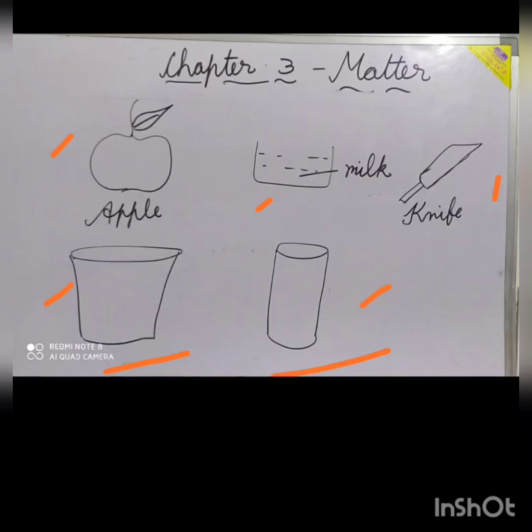We observe that the shape of the apple, which is a solid, does not change in the different containers. Then we place milk in the two differently shaped containers. The milk, which is a liquid, takes the shape of the container in which we keep it.